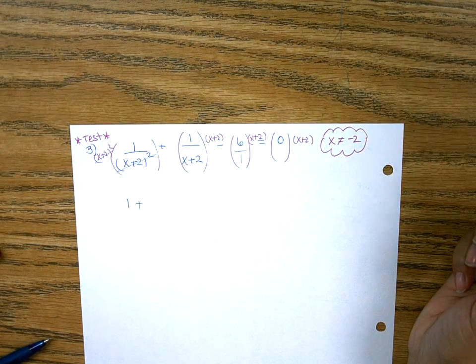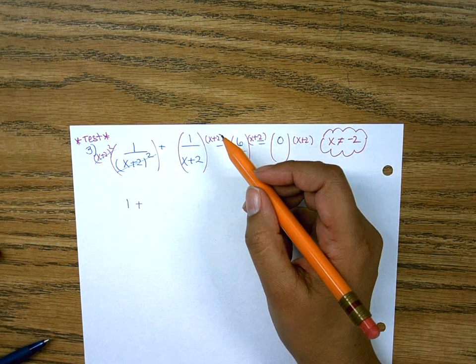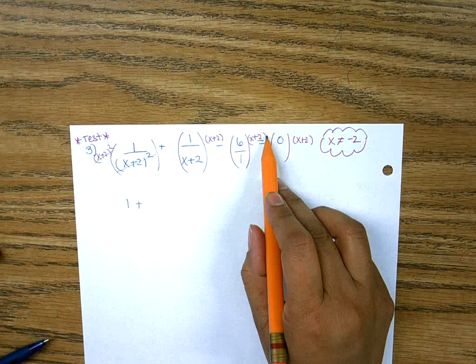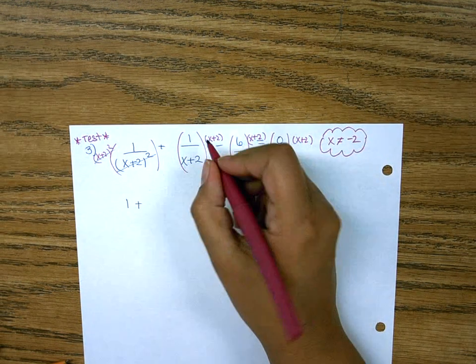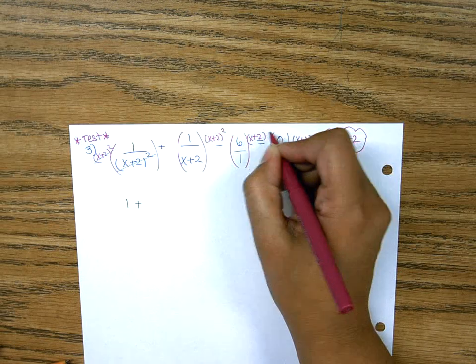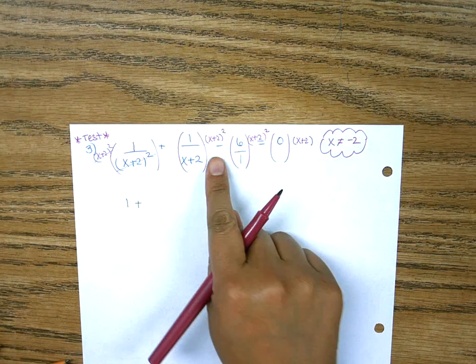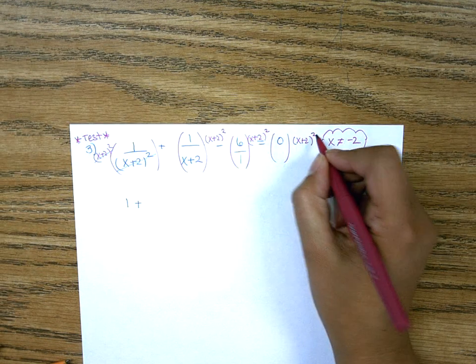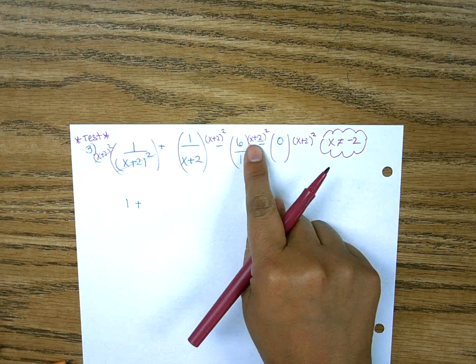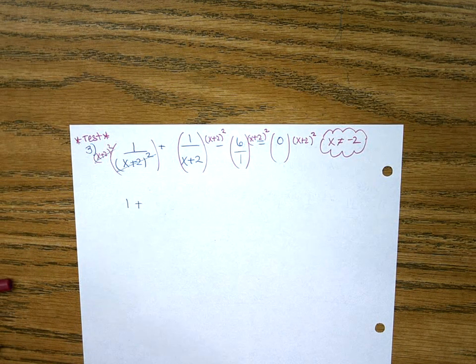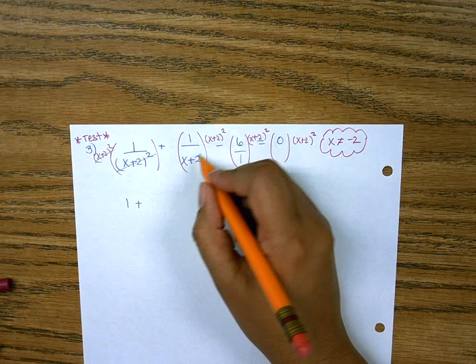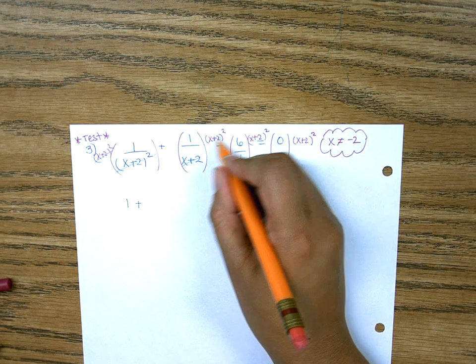Okay, reduce 1 plus, sorry, I forgot to put my squareds there. If that was bothering anyone, you're like, oh, what is she doing? It's just I went too fast and I forgot to write them, and I will put them in now. (x plus 2) quantity squared on all of them. Squared, squared, and squared.